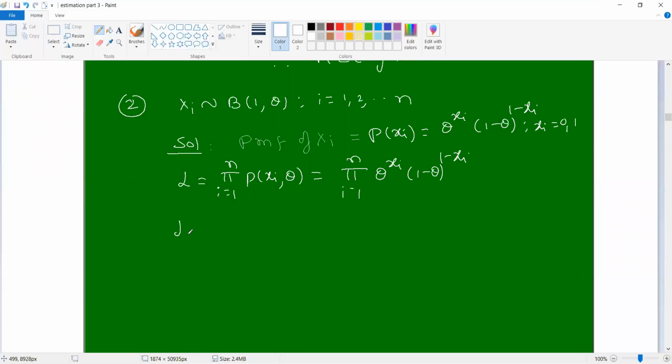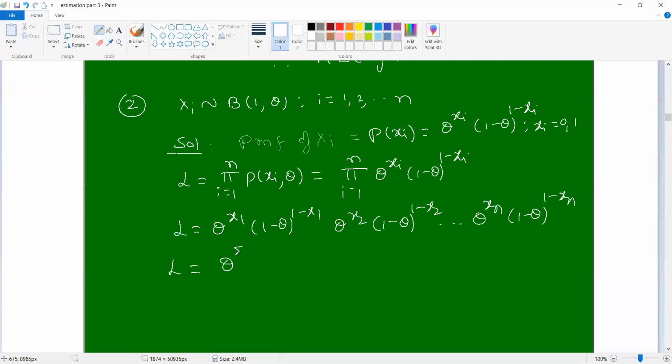Now here, expansion: theta power x1, 1 minus theta whole power 1 minus x1, theta power x2, 1 minus theta whole power 1 minus x2, and so on, theta power xn, 1 minus theta whole power 1 minus xn. Now L is equal to, base equal powers adding, theta power summation xi, 1 minus theta whole power n minus summation xi.